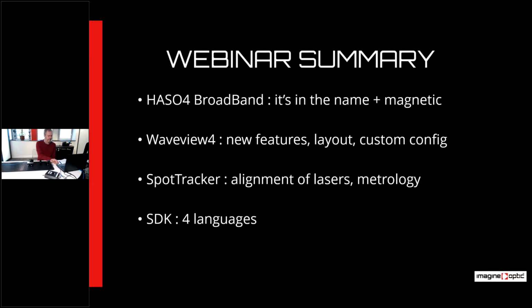And about the HASO4 BroadBand, apart from integrating SpotTracker and being delivered with the brand new Waveview4, the two main characteristics are the wavelength range, which is 350 to 1100 nanometers, and the very nice design here by Lionel, our mechanical engineer, and the quite smart interface with the magnet, allowing you to set the sensor very easily on your bench.